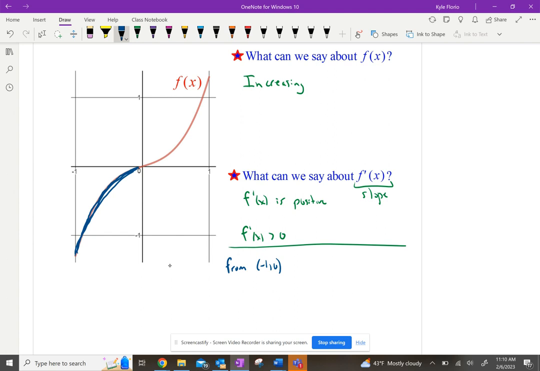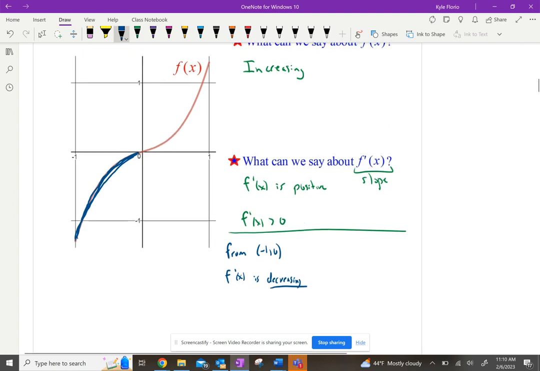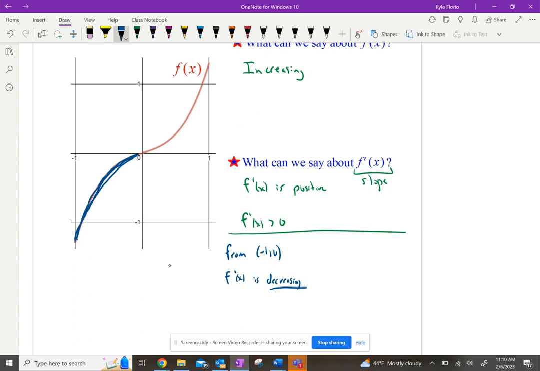So even though the derivative is positive, it's still decreasing on that interval. The function is increasing at a decreasing rate there. If the derivative is decreasing, then the slope of the slope, which we call the second derivative, is negative.